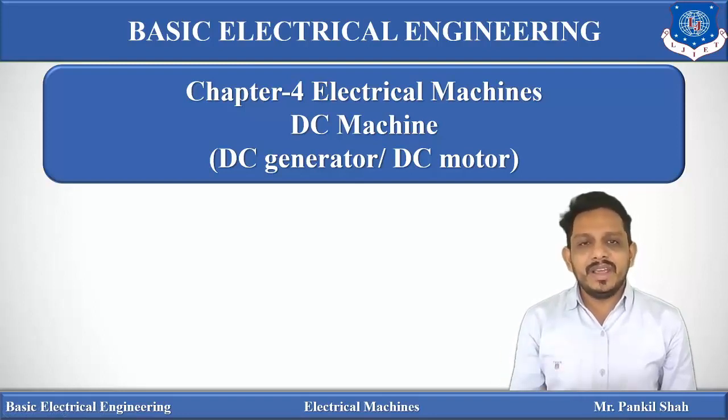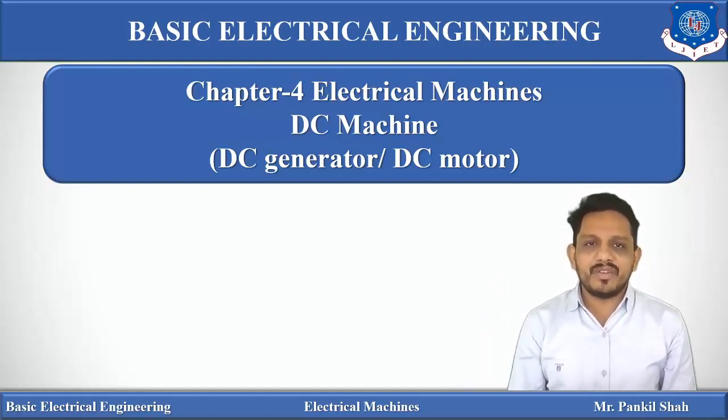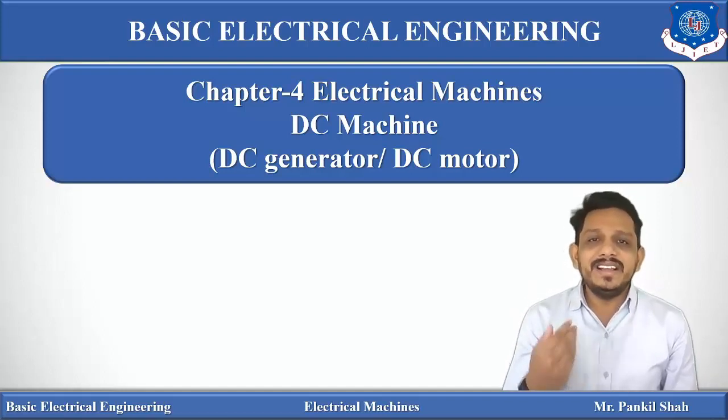So here we have started one chapter, that is the electrical machine. There are many types of electrical machines available in the electrical engineering branch. In today's video I am going to explain one important type of machine, that is the DC machine. Basically, a DC machine has its output in DC manner.